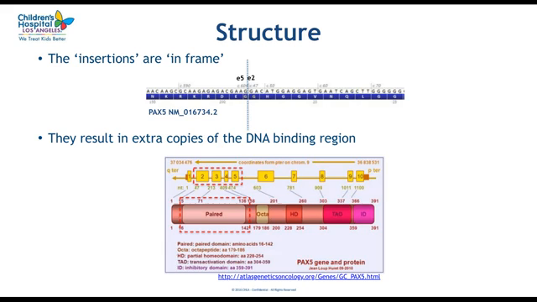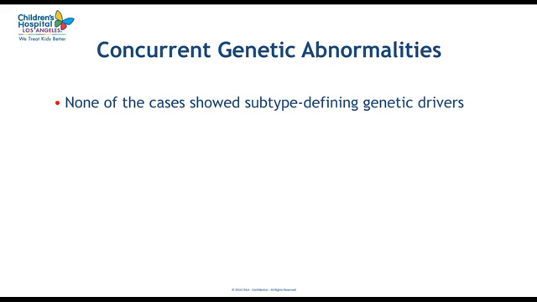And these exons exactly code for the DNA binding paired domain of PAX5. So you would expect to get a protein that has extra copies of the DNA binding paired domain, and that obviously is expected to change downstream regulation of PAX5 target genes, because this is a transcription factor very important for B cell differentiation.